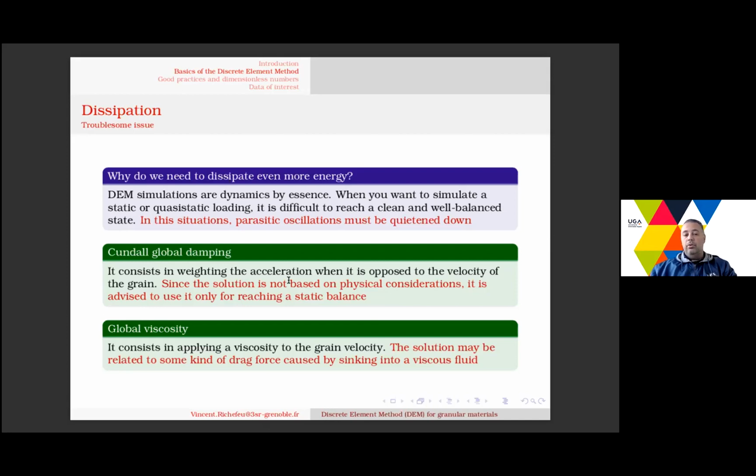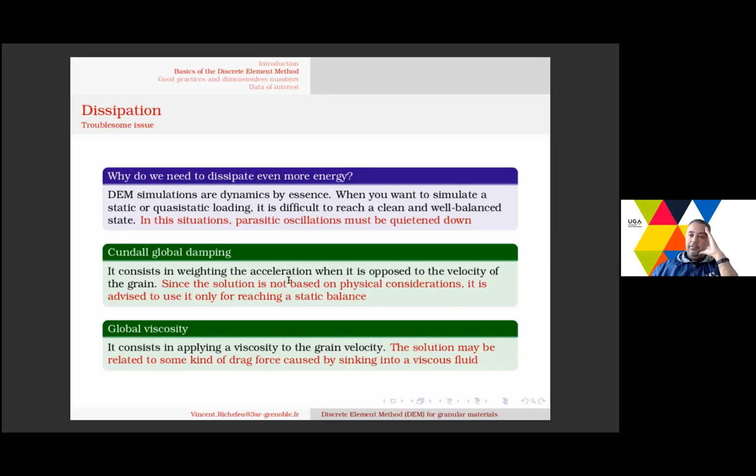You can if you use a very small time step, but at a given point you will be obliged to dissipate energy. So if you do nothing, you will dissipate thanks to the viscosity at contact if you use it, and also to the friction, because you've got a hysteresis in the curve. So you will be able to dissipate, but sometimes you need to dissipate more.